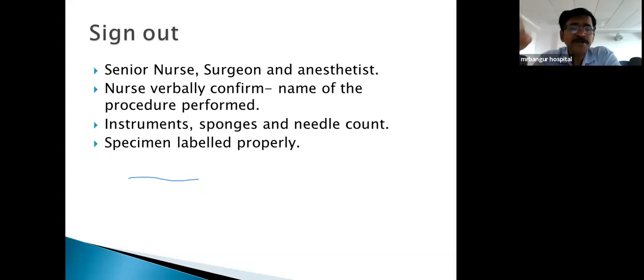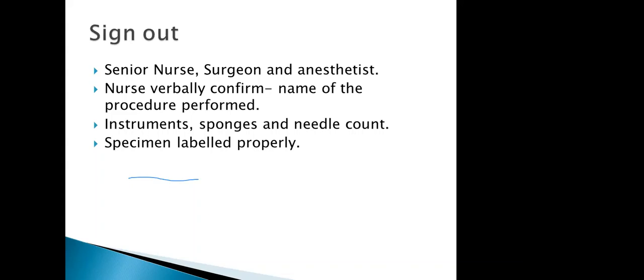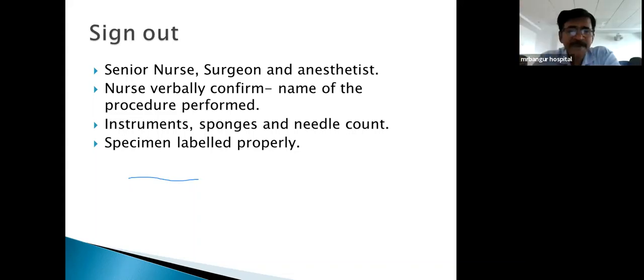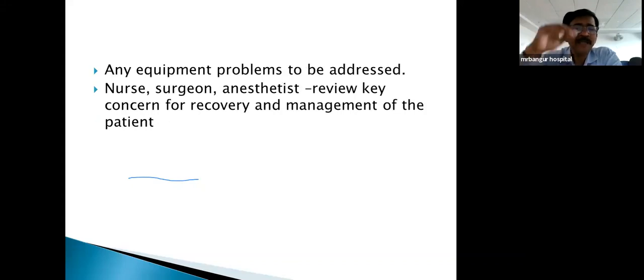Next important is the instrument count. Sign out is not only the instrument count, it is a complete instrument count with the scrub nurse and the surgeon. And the nurse should confirm whether any specimen has been removed and whether that particular specimen has been properly labeled. The nurse should ask the scrub nurse and the surgeon whether there is any problem with the equipment, and if a problem is there, that equipment issue has to be settled afterwards.